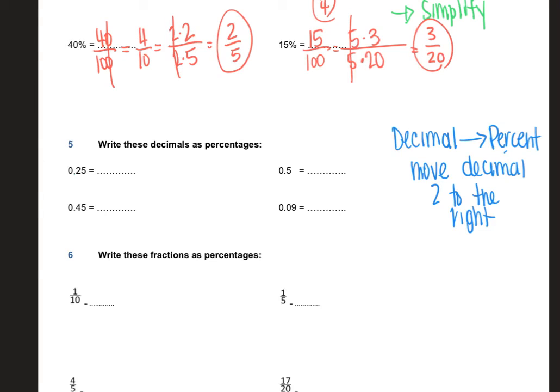We are just bumping it to the right. So I get 25%. I get 50%. Make sure if you have a hole where you're jumping, you put a 0 in it. You get 45%. And we get 9%. So decimal to percent, percent to decimal, those are the quick ones. We like those.